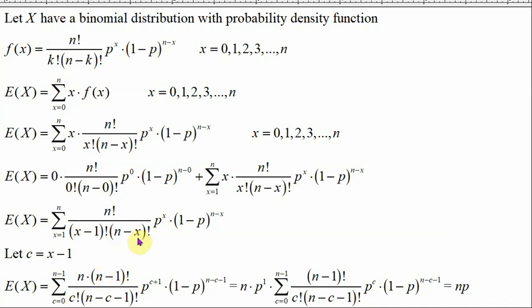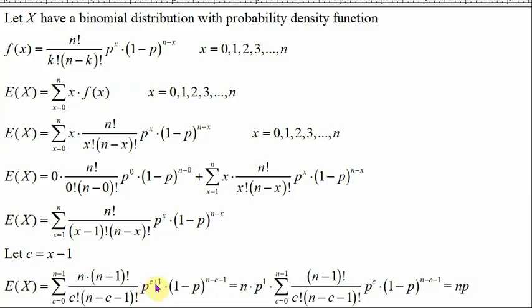And then in the place of x minus 1 here, we have c. And then once again here, x is c plus 1. And then here we get c plus 1, but here's minus x, so we get minus c minus 1.